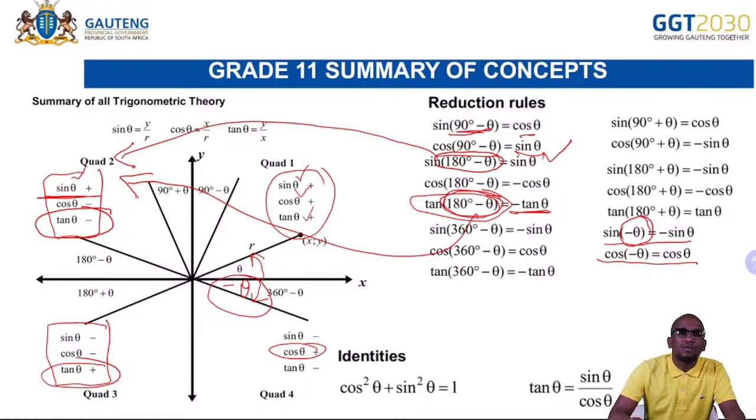That is why the cosine of the negative angle would become positive there, because the cosine is positive in the fourth quadrant and the negative angle is actually in the fourth quadrant.